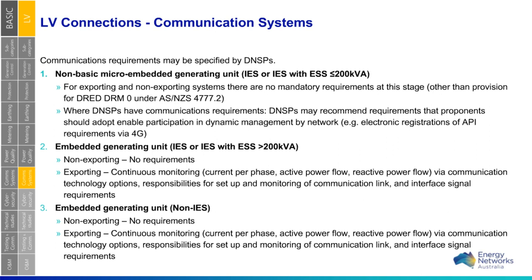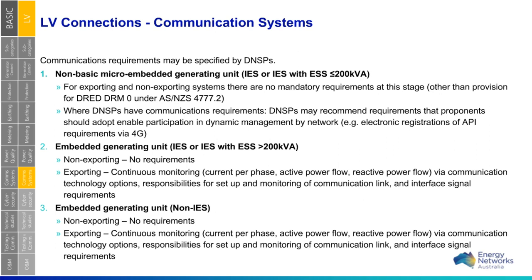The second one there is communications requirements for the embedded generating unit subcategory, including IES or ESS, or IES with ESS, greater than 200 kilowatts, and that's similar to the non-IES category as well.